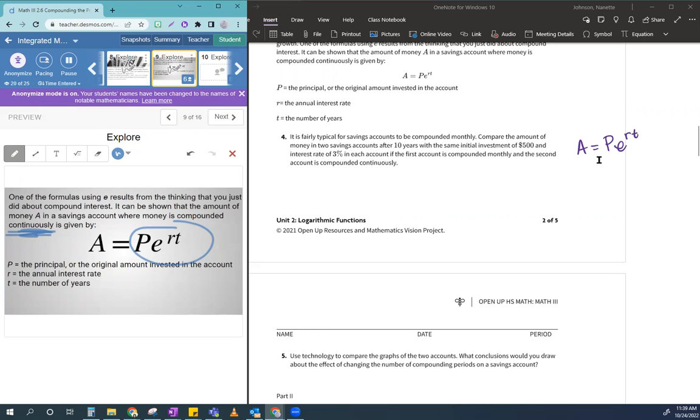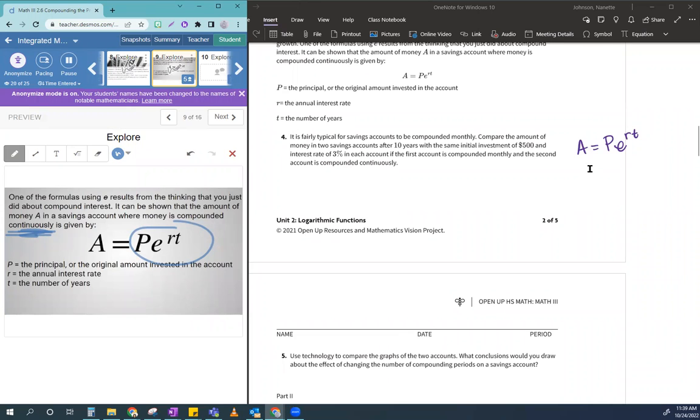Where do I put 500? Yeah, 500 is P. Very good.